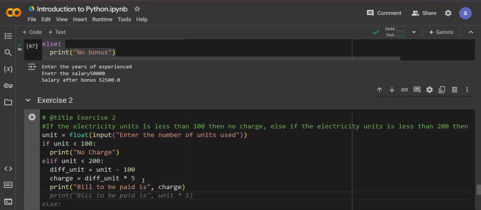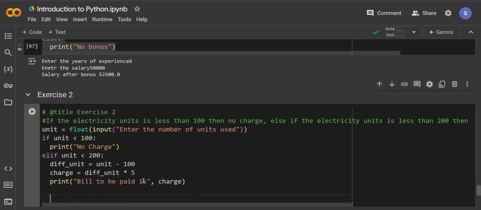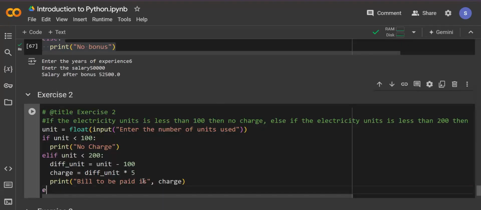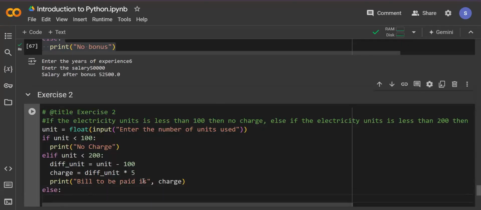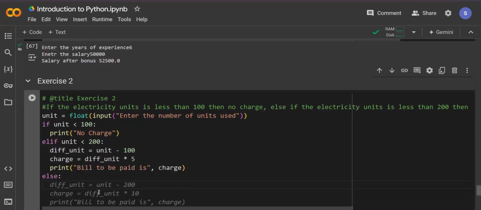Now, what if he is moving on to the next, that is more than 200? This is where we are moving to the else part. Else, yes, else. Now, what are you supposed to do? In the else part we are differentiating the 200 first, because for the first 100 we don't have any charge.